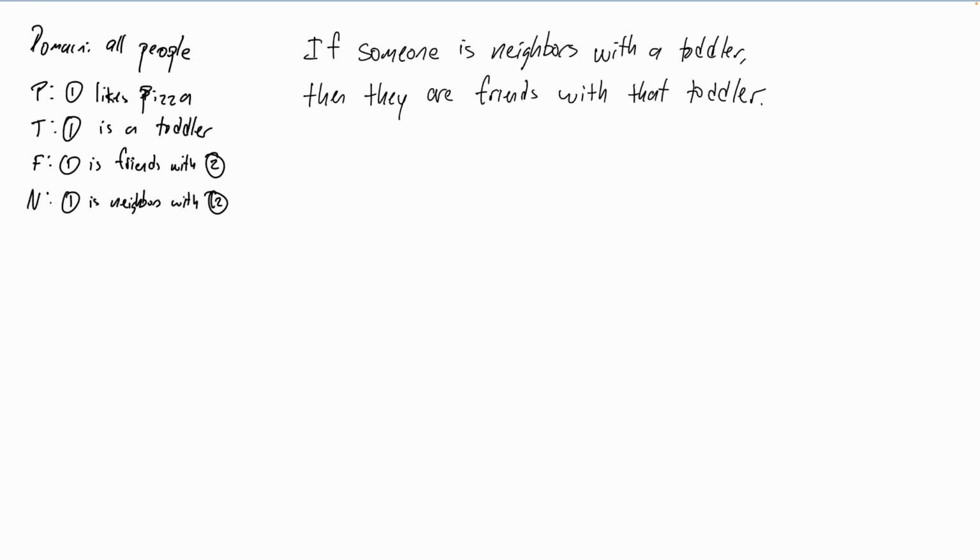Next, if someone is neighbors with a toddler, then they're friends with that toddler. Here we have to be a bit careful. At first, you might be tempted to see this as a conditional where someone is neighbors with a toddler is the antecedent.